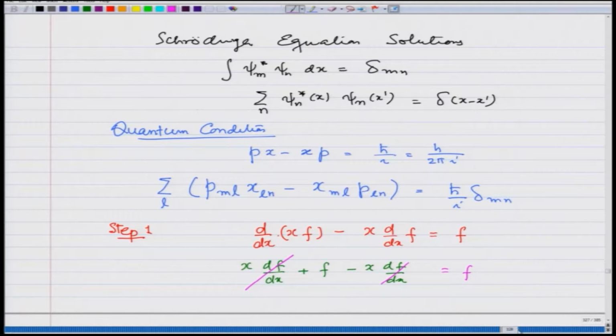Therefore, I can write that d by dx x operating on a function, by that I mean d by dx will act first on x and then f both. This operating on a function means I will multiply x and f and then take the derivative. Minus x d by dx is like multiplying by 1.